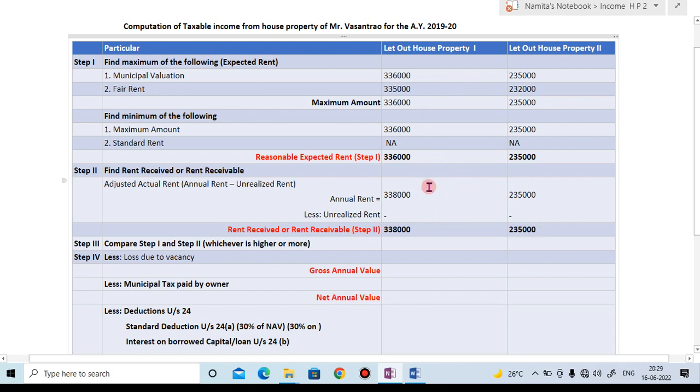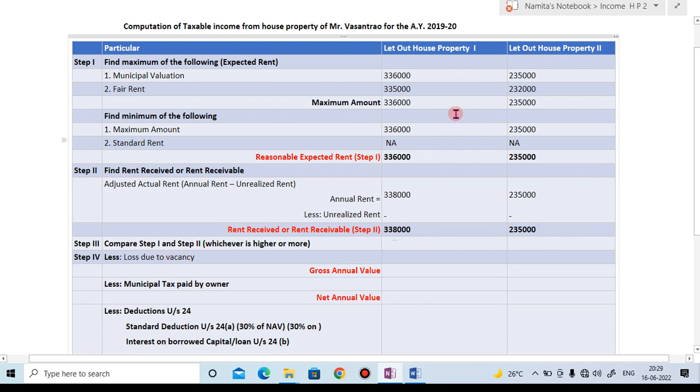Okay, so now step number 1 amount is 3,36,000 for house number 1, and for house number 2 step number 1 amount is 2,35,000, and step number 2 amount for house number 1 is 3,38,000, and for house number 2 is 2,35,000.